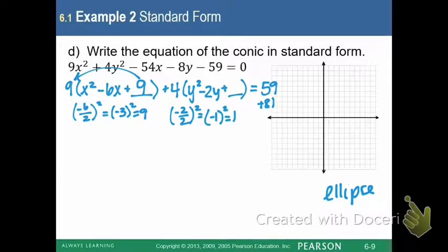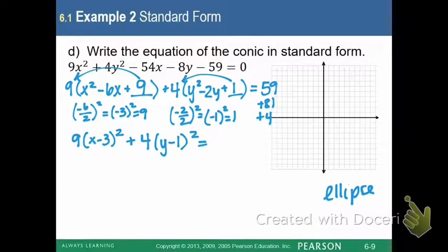Over here, I get a 1, so that goes in the blank. Again, I multiply. 4 times 1 is plus 4 that I'm also adding to the right side. So then when I rewrite these, don't forget that 9 still is out in front. So I have 9 times (x minus 3) squared plus, for the y's, there's a 4 out in front, and then (y minus 1) squared equals, I add those three numbers together, I get 144.